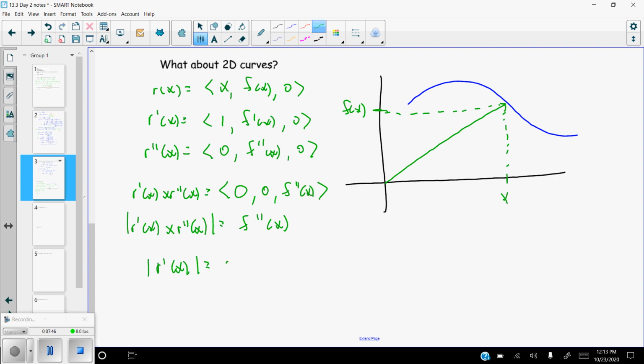So that's going to be the square root of 1 squared plus f prime of x squared plus 0 squared.